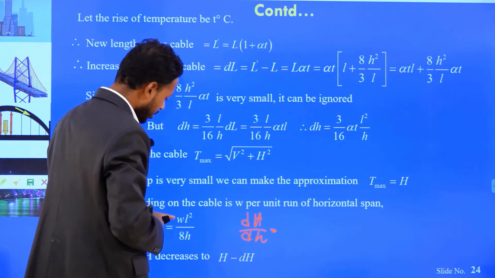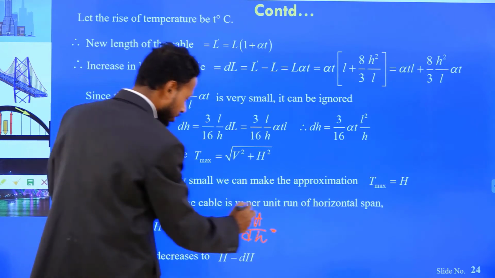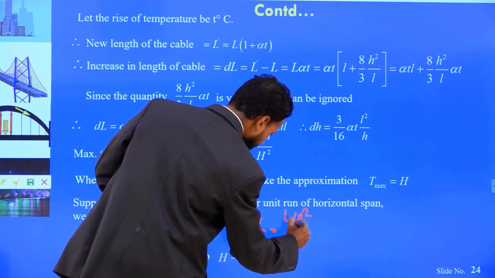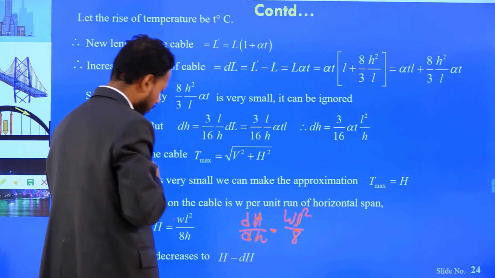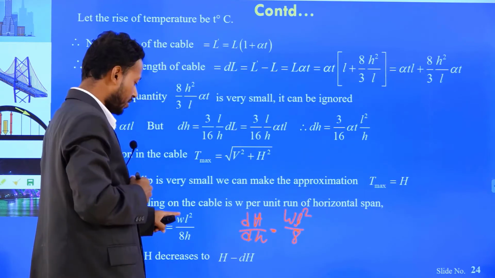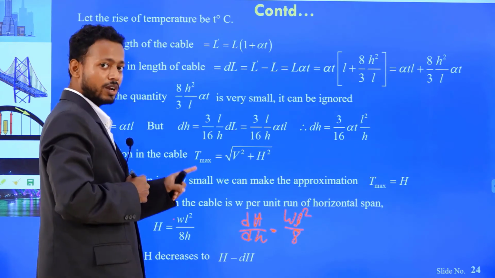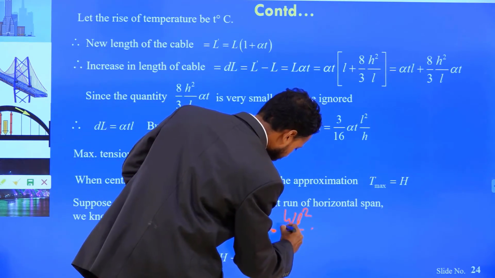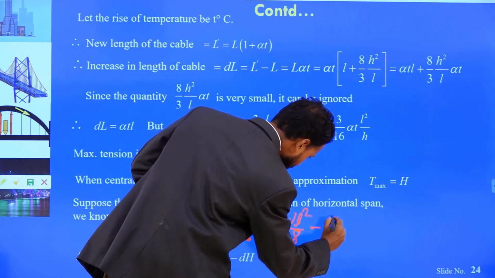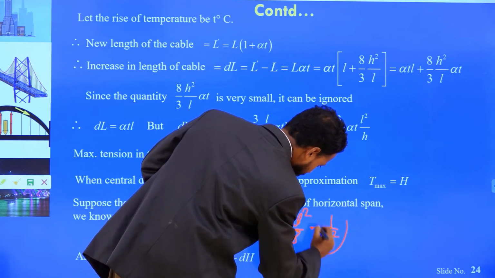WL square by 8 is constant, so it will come out, and the derivative of 1 by h is minus 1 by h square. So I will write minus 1 by h square, right?